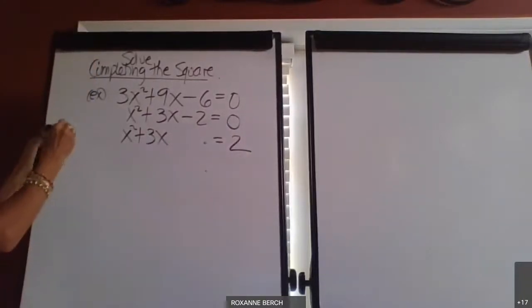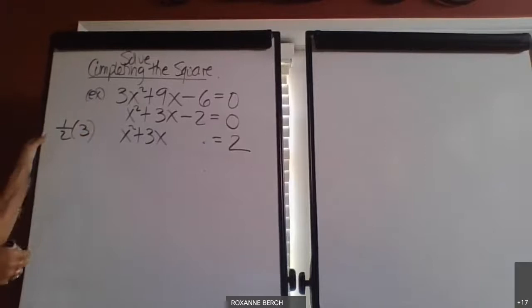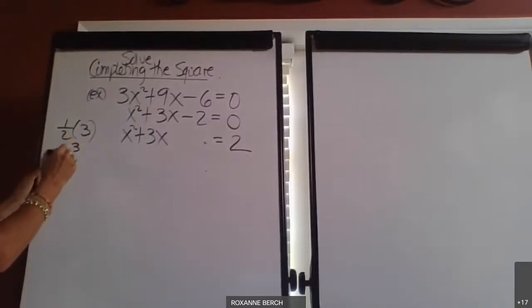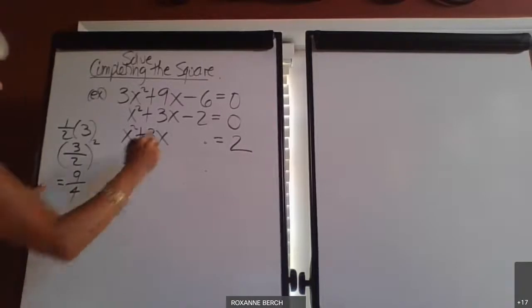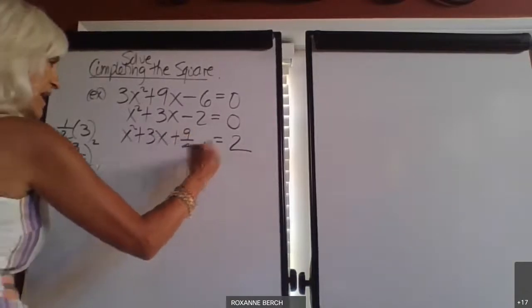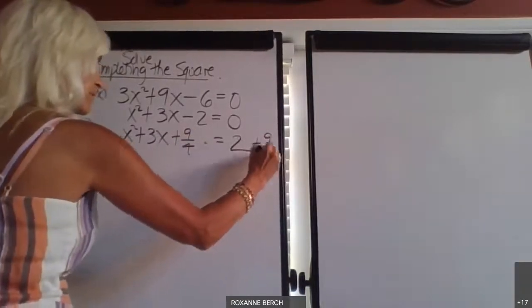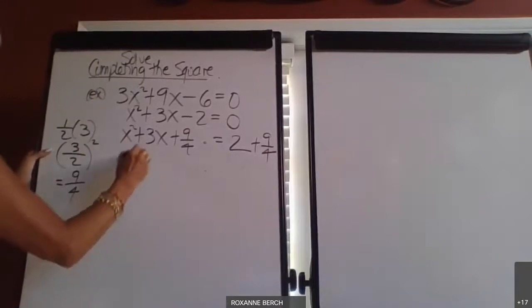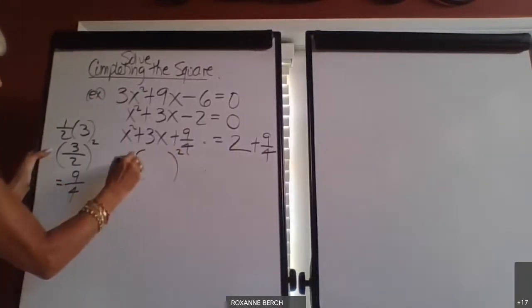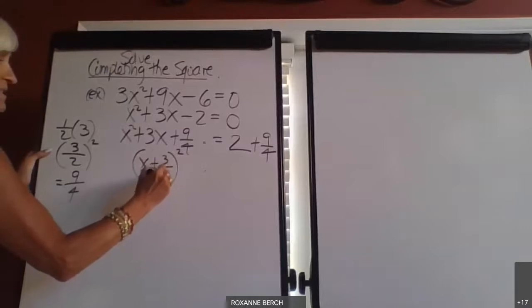And we're going to take half of 3. Do not change it to a decimal. So half of 3 would be 3 halves. And when you square it, you get 9/4. So this is the number you're going to add to both sides. And this is the number that you're going to create the square from, which would be x plus 3 halves.